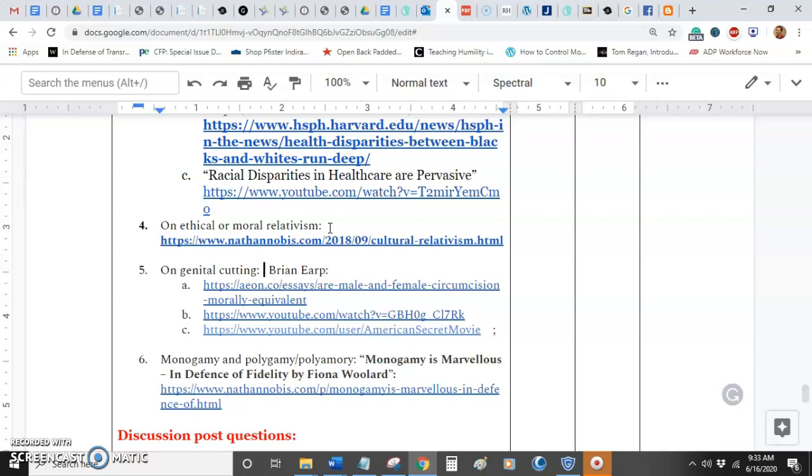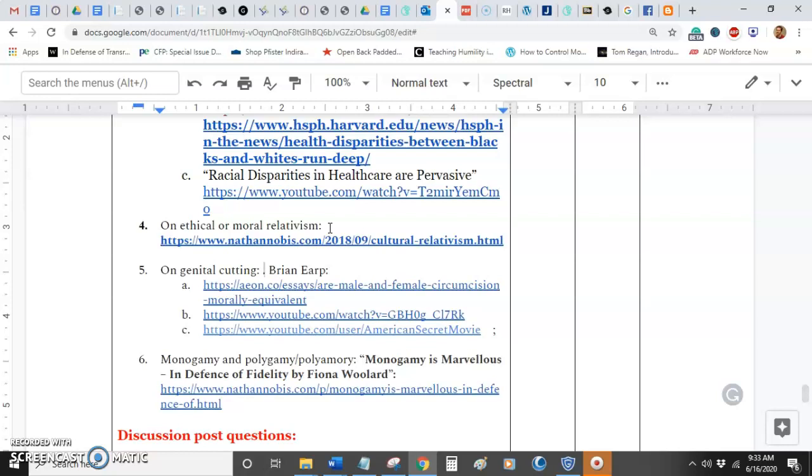Brian Earp is an expert on this topic. And he has written a lot about how the arguments against female genital cutting, which many people accept, at least in our society, seem to imply that male circumcision is wrong also.